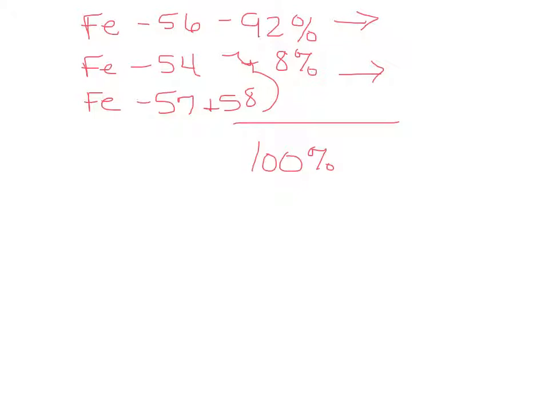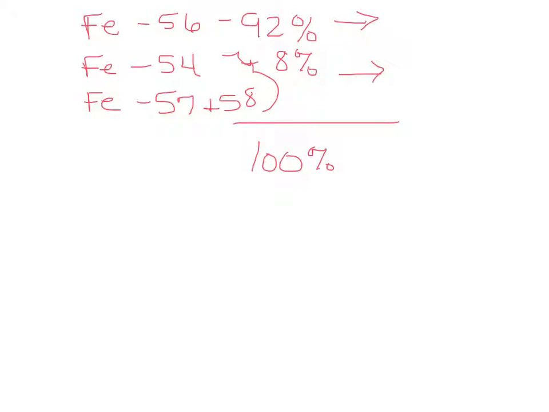And you write the mass number as a superscript and the atomic number as a subscript when you're writing the symbol. Mass number is a superscript, or on the top, atomic number is on the bottom, or a subscript.